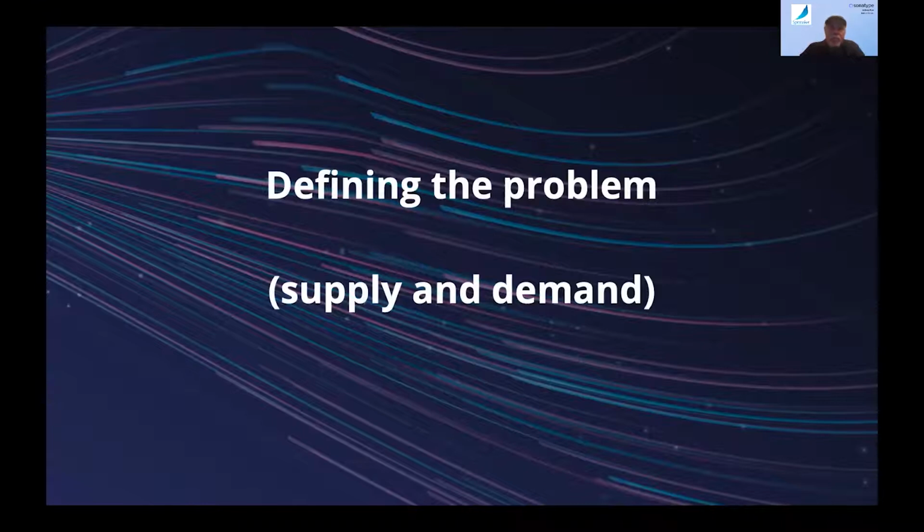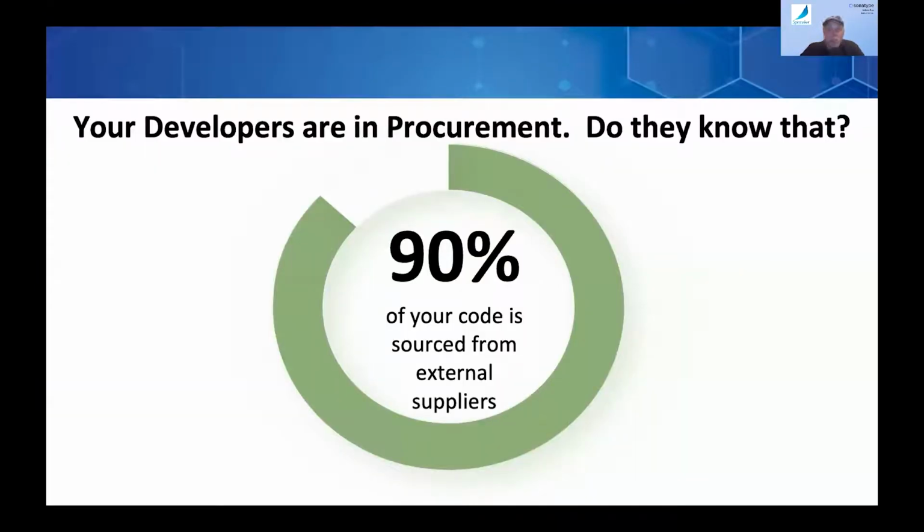In fact, if we were to look at how applications are built today, 90% of the code is sourced from external suppliers. This means that folks are going out to public repositories and looking at open source components and bringing them into their applications to be able to leverage the functionality that they afford, rather than having to build the functionality themselves.